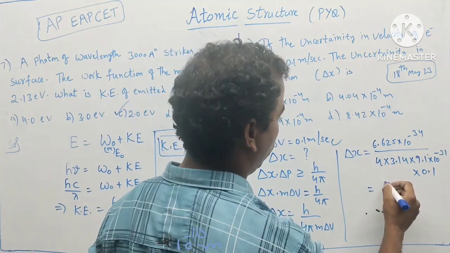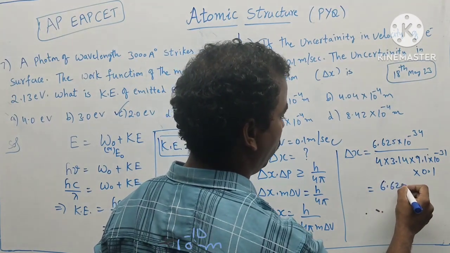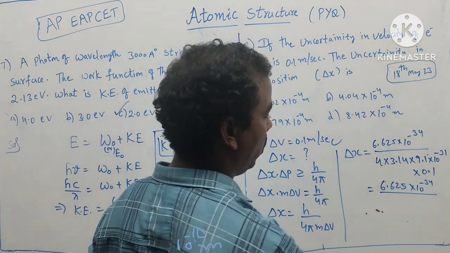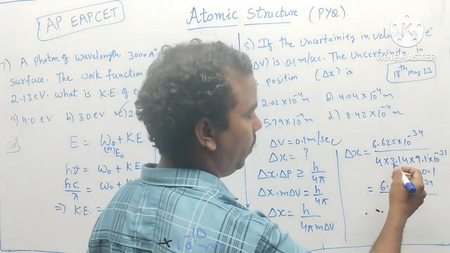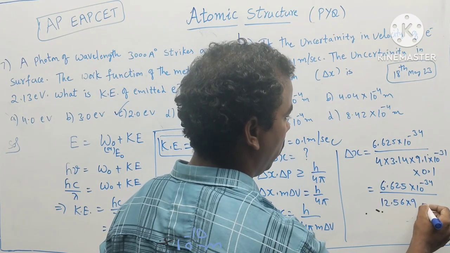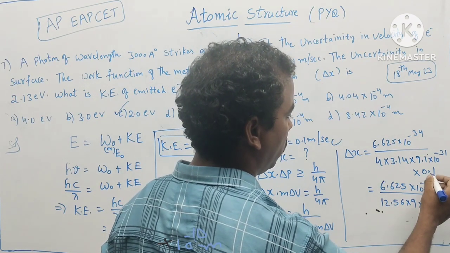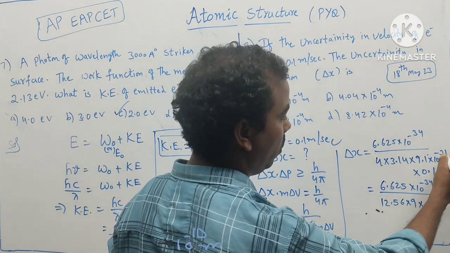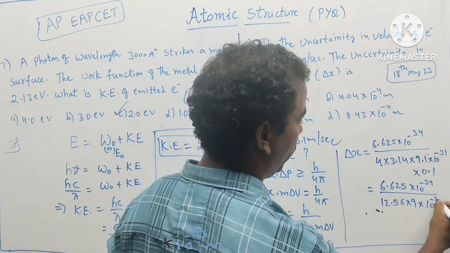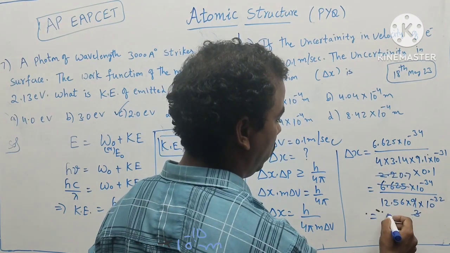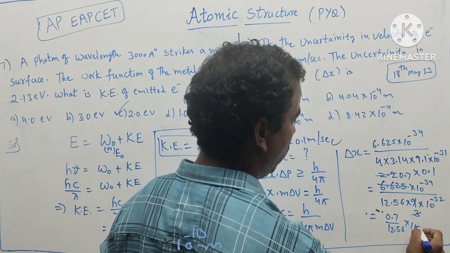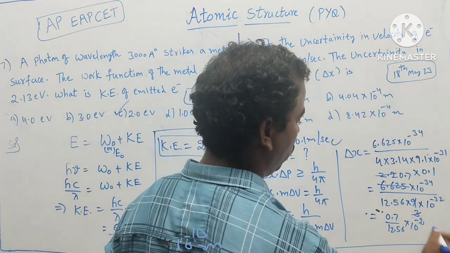If you substitute all these values, 6.625 into 10 power minus 34 by 4 into 3.14, that means 12.56 into 9 into 0.1, means 10 power minus 1 into 10 power minus 31, 10 power minus 32. So 0.7 by 12.56 into 10 power minus 2.